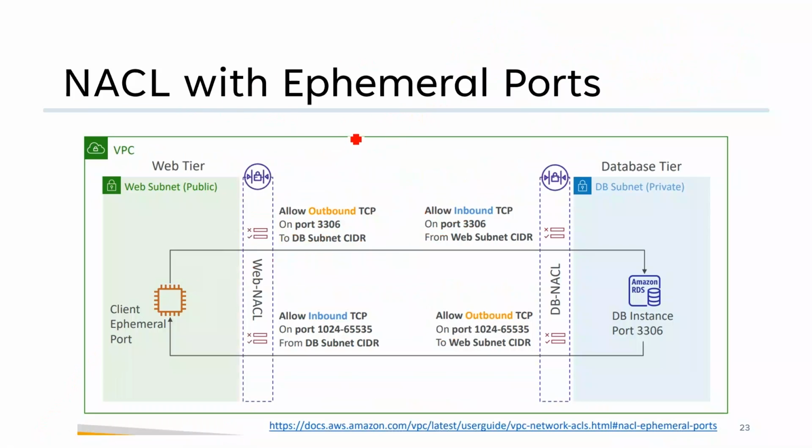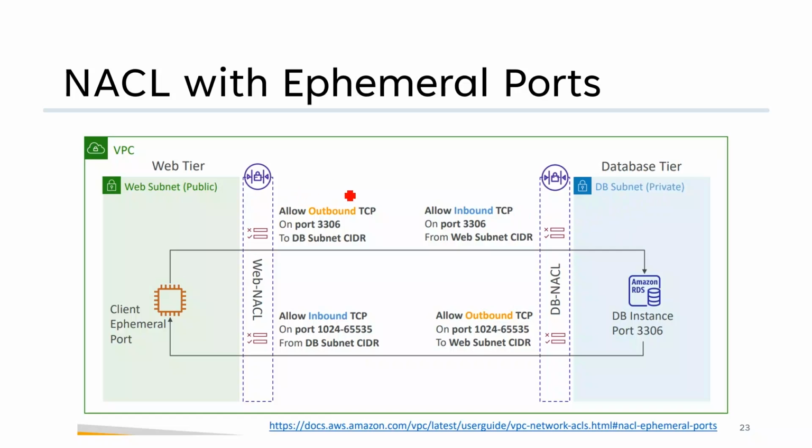NACL with ephemeral ports. How do you use NACL to allow or block ephemeral ports? This is the web tier, for example, in the public subnet, and this is the database tier, which is in the private subnet. You should have outbound TCP on port 3306 to the DB subnet CIDR. It means that the NACL associated with your public subnet must have an outbound TCP rule on port 3306 to this particular subnet.